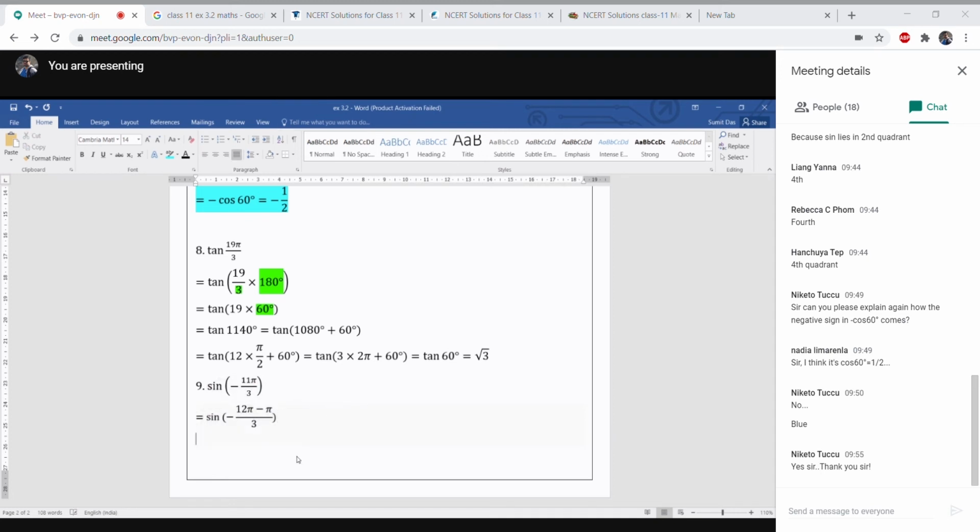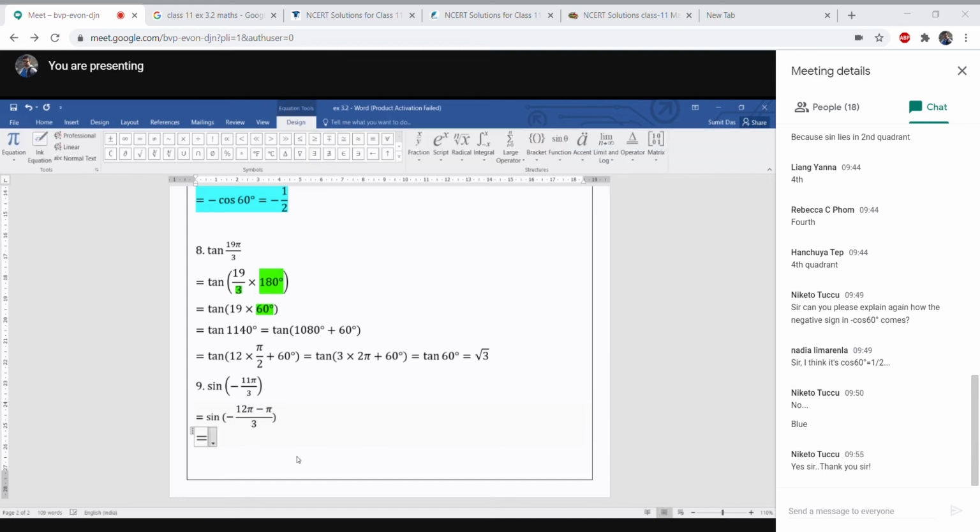So in the next line I can write sine of 12 pi minus pi by 3. Directly I'm writing 4 pi. Why 4 pi? Because 12 pi by 3 will give you 4 pi, right? So 4 pi minus pi by 3.